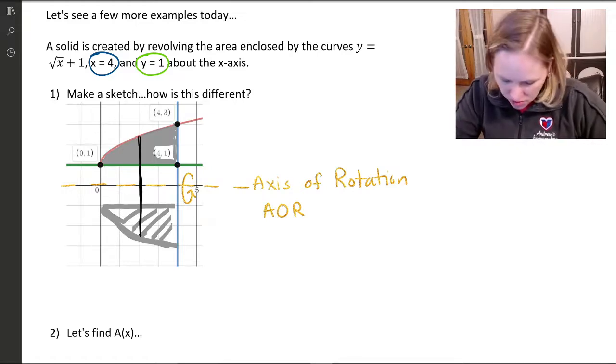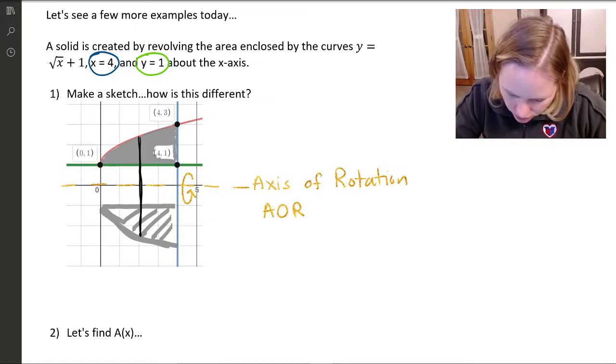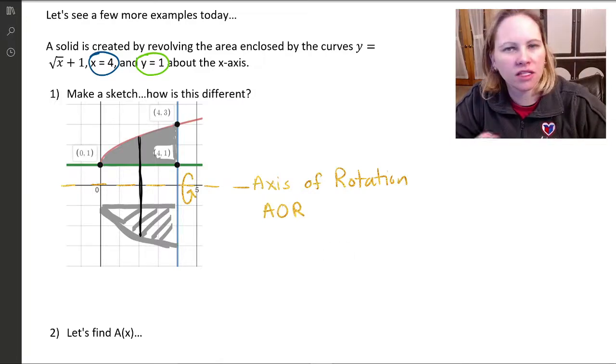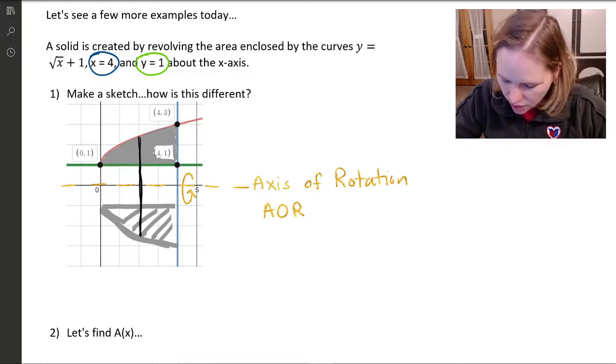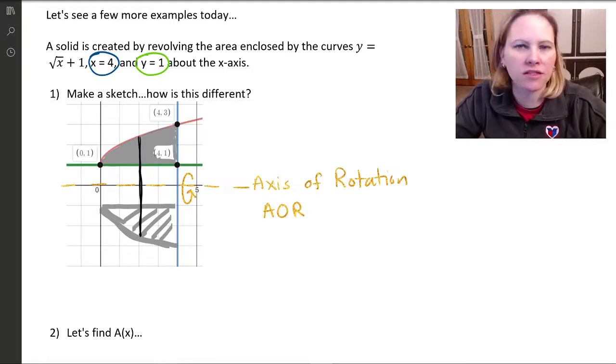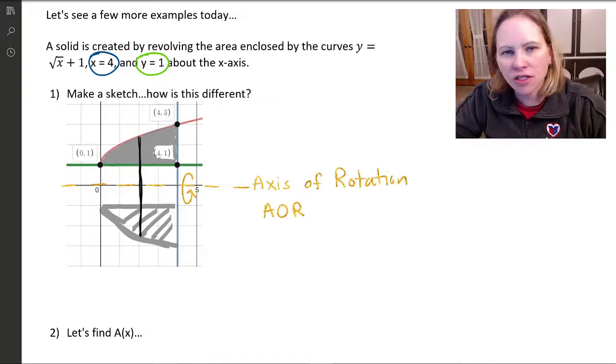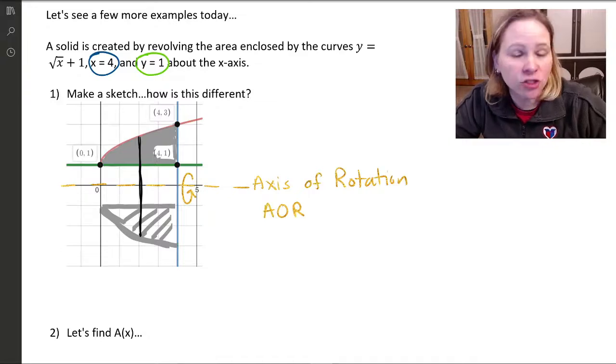So let's determine a few things. I have to figure out the big R, that's the R that extends to the edge of the curve. And anytime we extend from an x or y axis to the edge of a curve, that's always going to be the distance of a function.